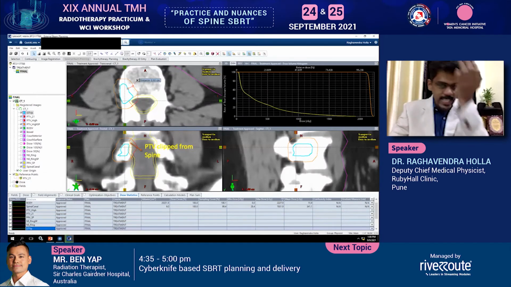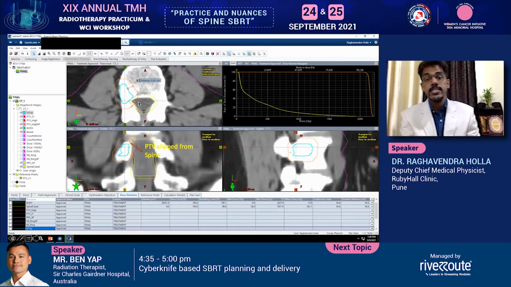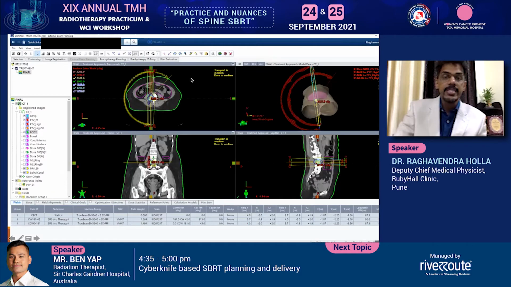This is another case again. Here, what I do is, once the PTV is generated, in this case they have given about 5 millimeter PTV all around. And towards the spine, we created a gradient by trimming the PTVs towards the spine by about 1 millimeter.